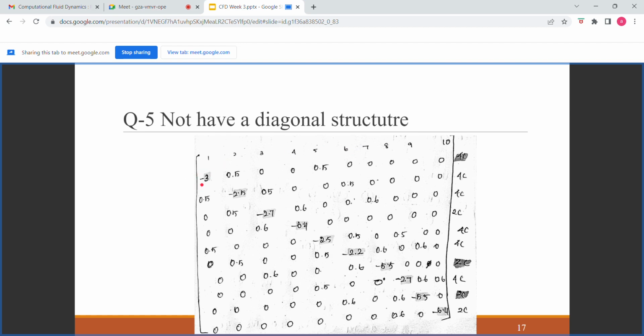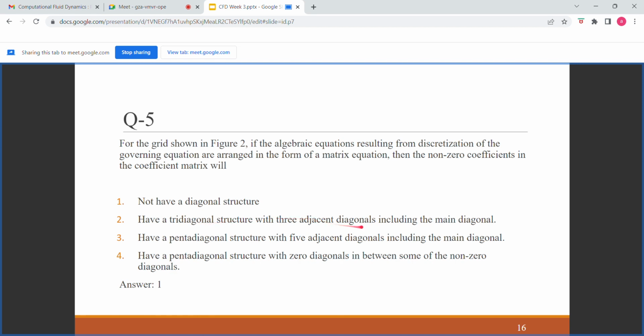If it is pentadiagonal, the entire diagonal will have elements along with the elements in the next row, and the row below and row above diagonally. But we see there are zero elements in the bottom diagonal, and in a similar way there are zero elements in the top diagonal too. So it is not forming a tridiagonal structure.